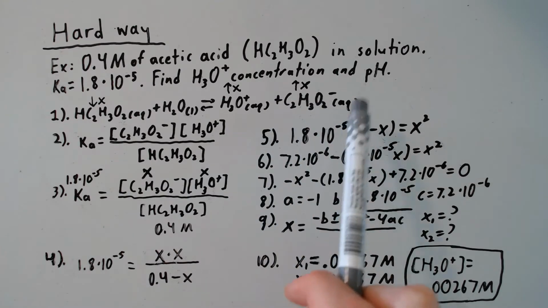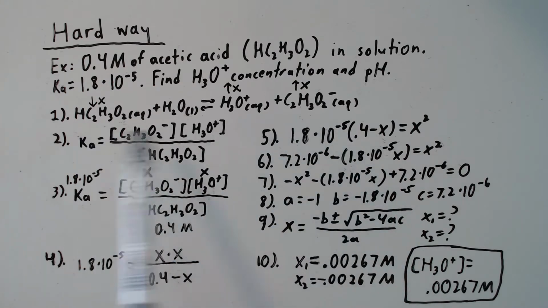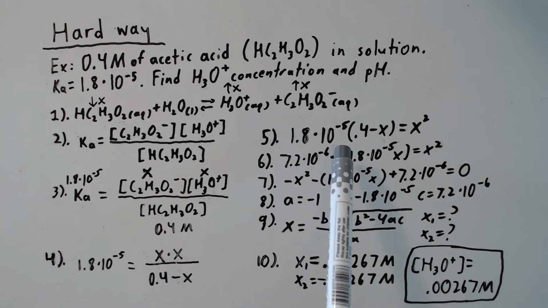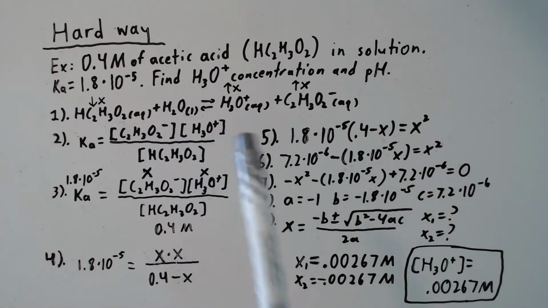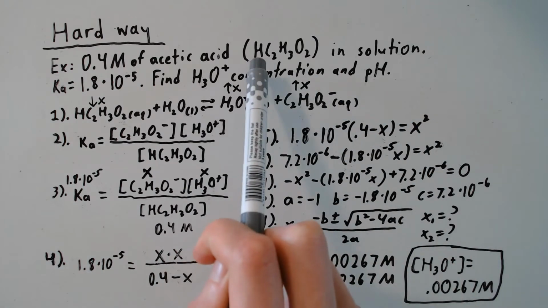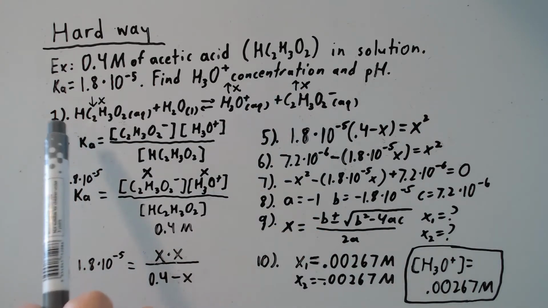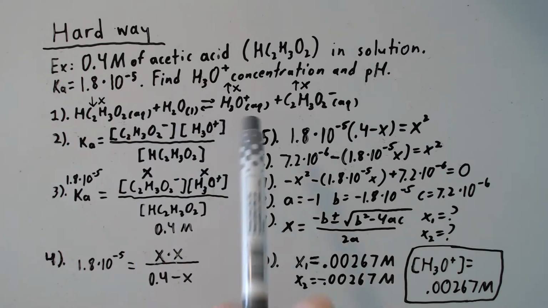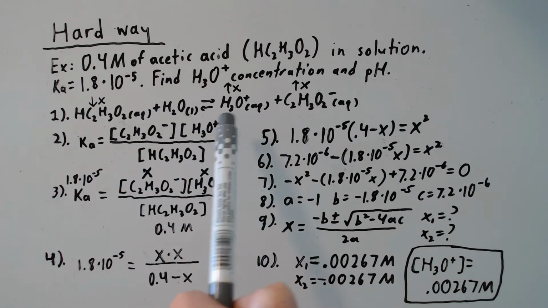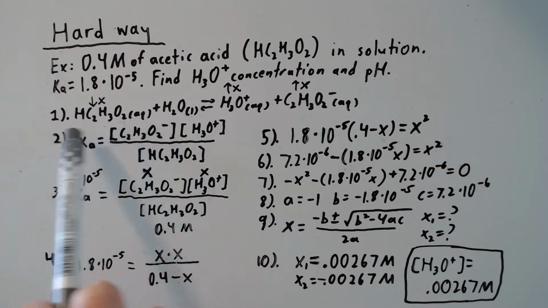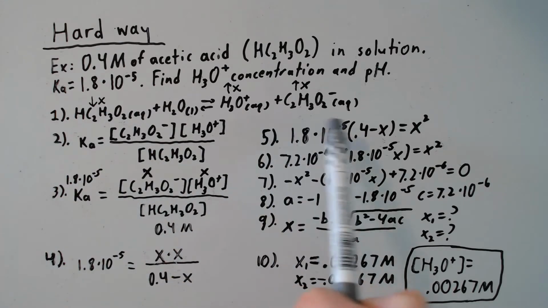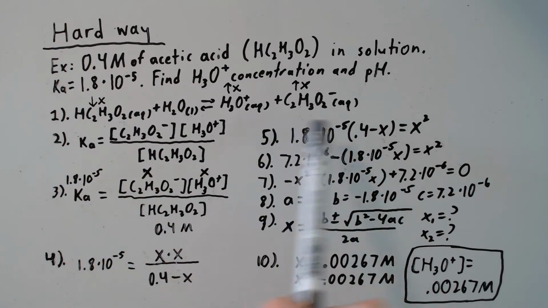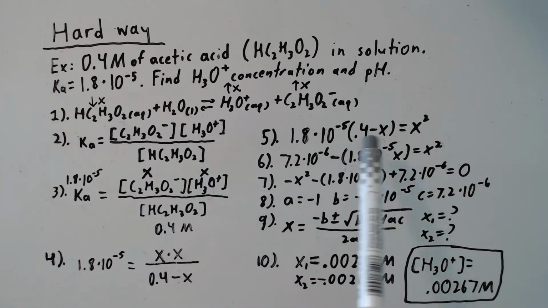And here's the equation for it dissociating. This extra H comes off the acid and goes to H2O to produce H3O+, leaving this part with only C2H3O2-. So that is how the reaction of the acid goes in water.